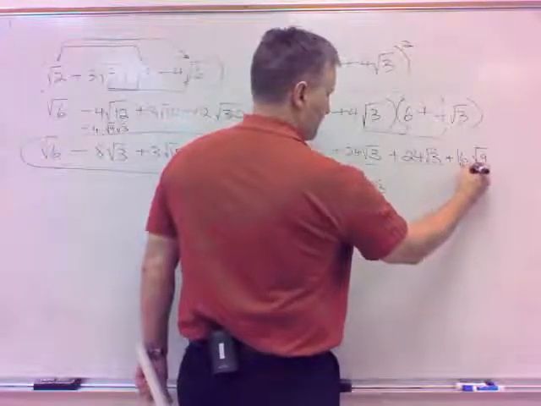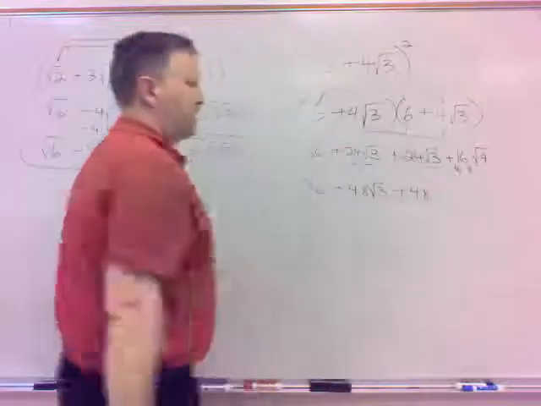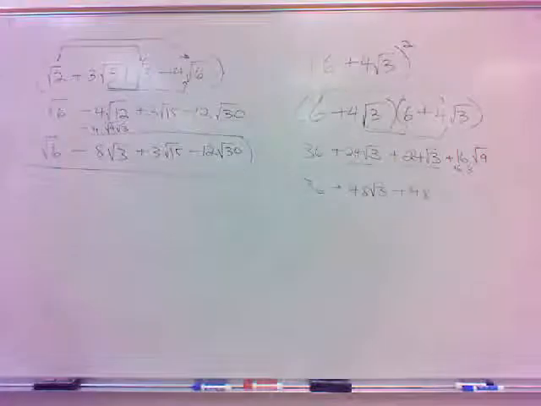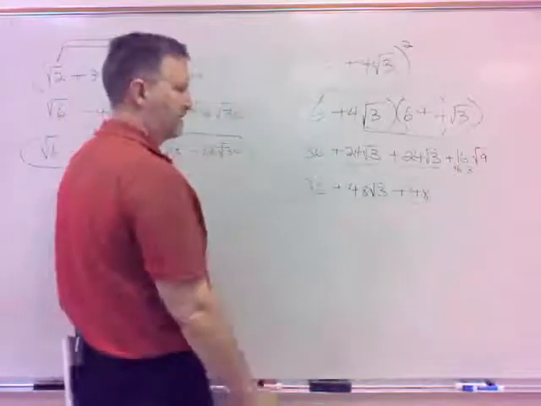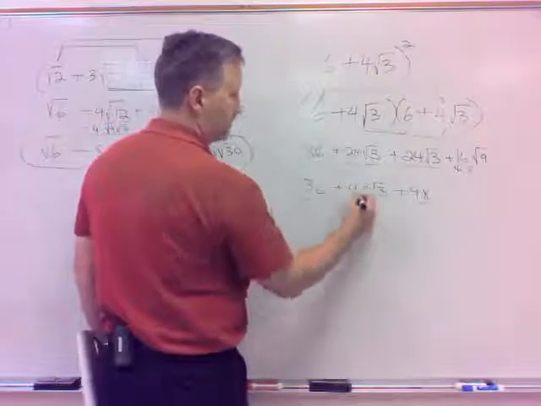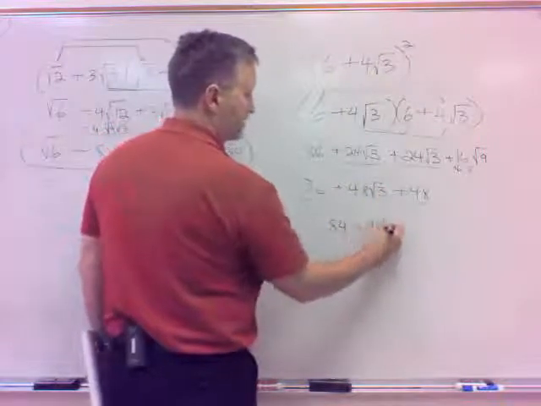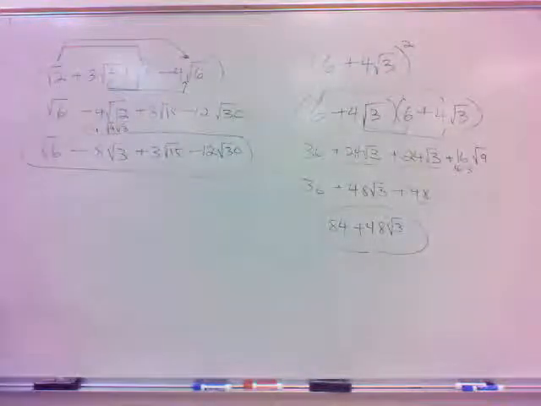And then your square root of 9 is just 3, so this is 48 on the end, isn't it? 16 times 3, which I can combine with 36, right? 36 and 48 is 84. So 84 plus 48 square root of 3. Question?